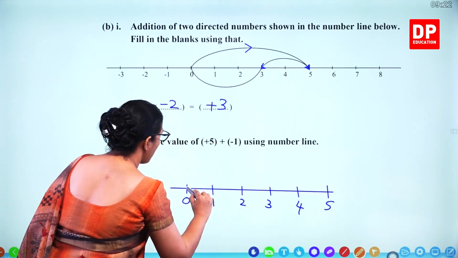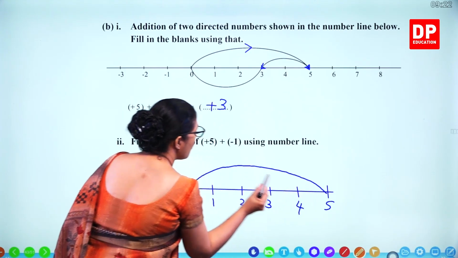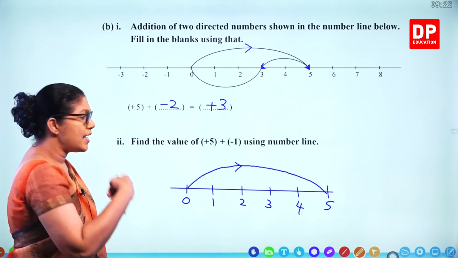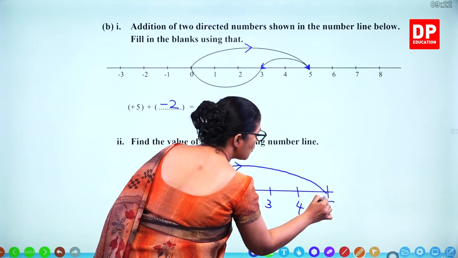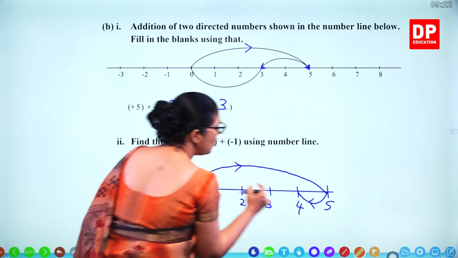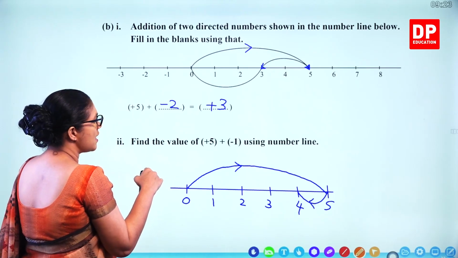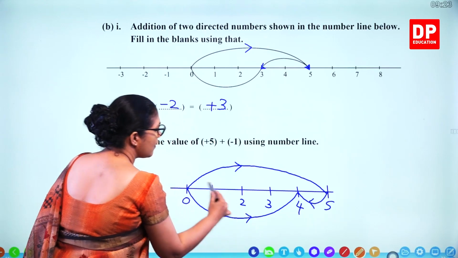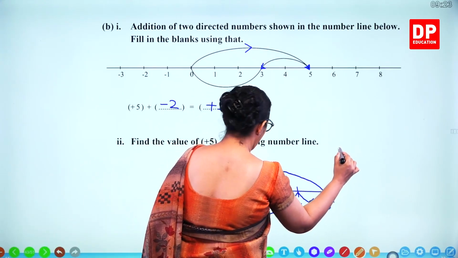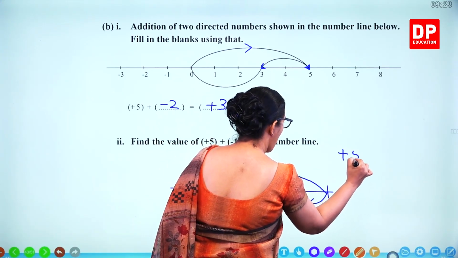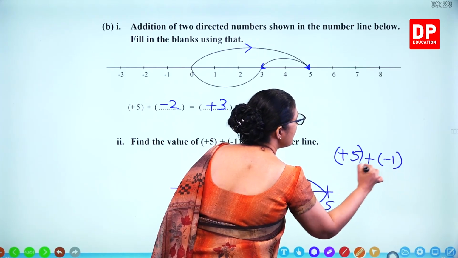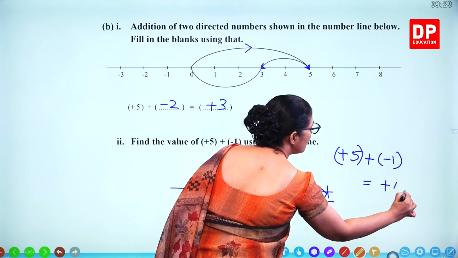So that means you can draw like this, 0 to 5. Then adding minus. So minus means to the left 1 unit. So what's the answer? The answer becomes this one. That's plus 4. So you can write plus 5 and minus 1 becomes plus 4.